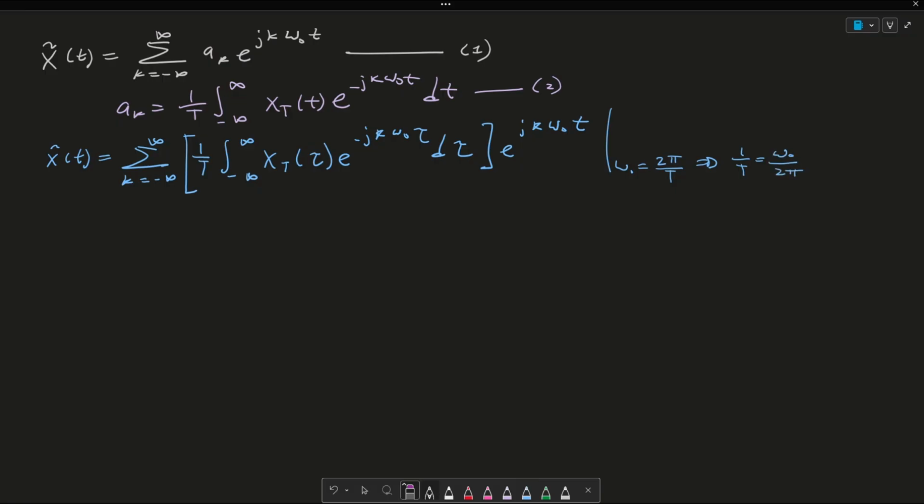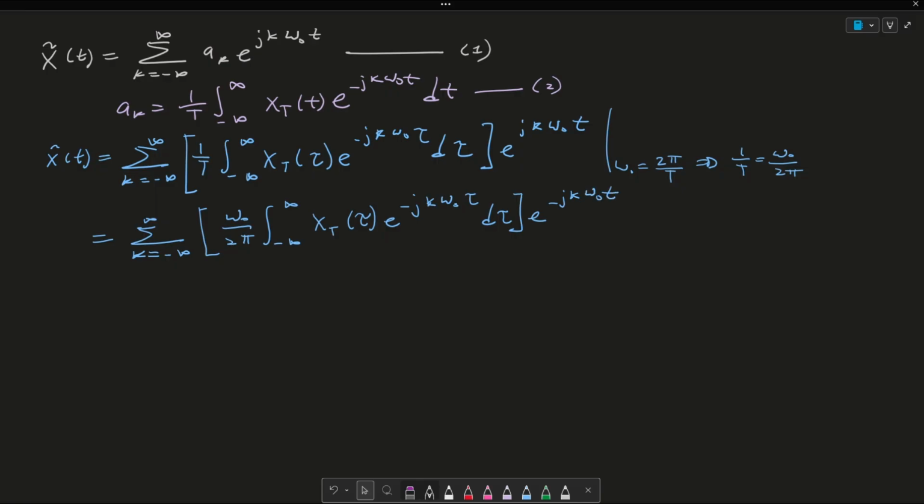Then my repeating signal is equated to the sum as k equals negative infinity to infinity times omega naught over 2 pi, integrated from negative infinity to infinity, my window function x_T of tau e to the minus jk omega naught tau d tau, e to the minus jk omega naught t.